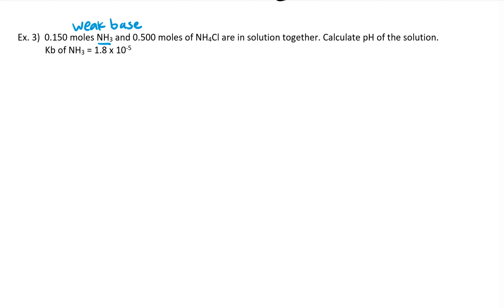And you're putting it into a solution that contains a salt, ammonium chloride. Chloride, please ignore because it's neutral. I know that this is really ammonium, plus 1, the ammonium ion. That differs from our weak base by just 1 H plus. This is the conjugate acid of our weak base. And so again, we have a buffer solution.